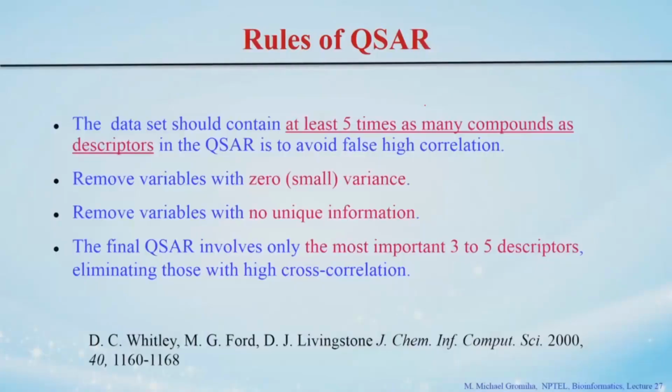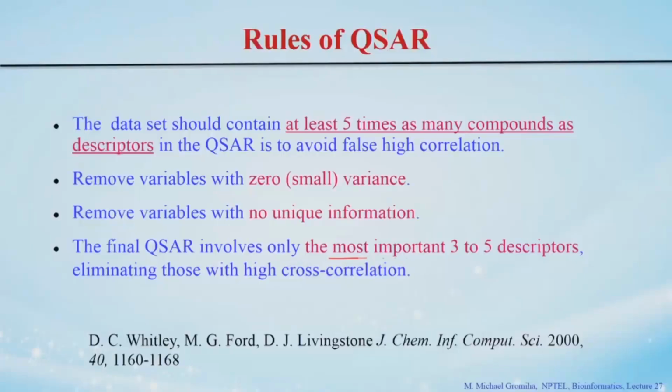Then you need to remove the variables with zero variance, and also the variables with no unique information. Sometimes some features have no information or no relationship with the activities. In this case, you need to remove those variables, because it is not possible to explain why the specific feature is selected to relate to the biological activity.